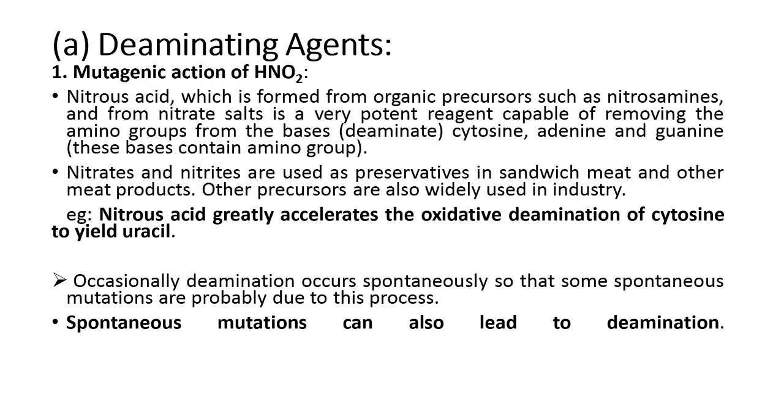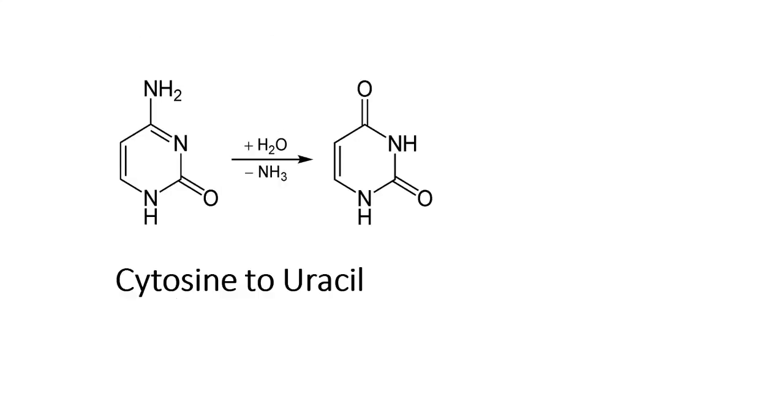Occasionally, deamination occurs spontaneously, so that some spontaneous mutations are probably due to this process. And therefore, we can say the spontaneous mutations can also lead to deamination. And this is a structural change occurring in cytosine after deamination, and we are getting the structure of uracil after the removal of the amino group.